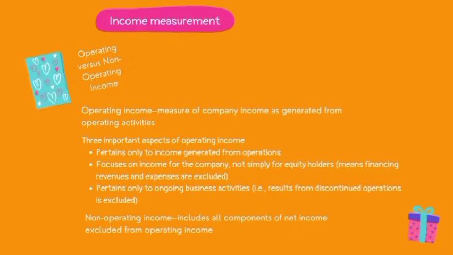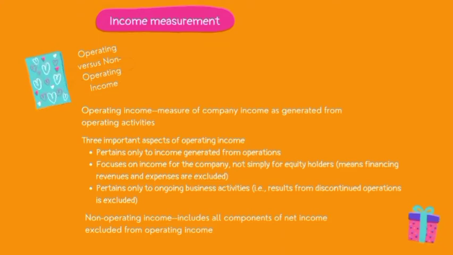Number 1, gains and losses from a company's peripheral activities. Number 2, impairment losses from write-down of operating assets such as inventory, fixed asset, and goodwill. Number 3, unusual or infrequent items. Number 4, other revenues or expenses, such as interest income or interest expense and dividend income.